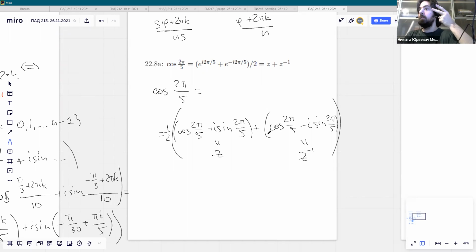On another hand, we remember that we can turn minus into plus by putting minus inside. This is something with argument minus 2 pi over 5. So when you multiply those two numbers, 2 pi over 5 gets cancelled with minus 2 pi over 5, you get 0. So those two numbers are indeed inverse.